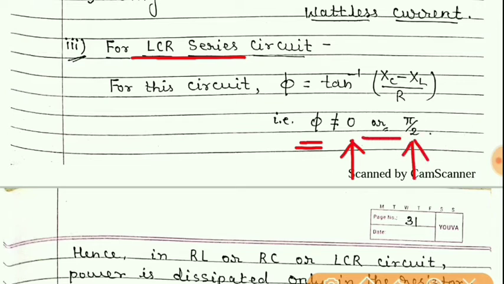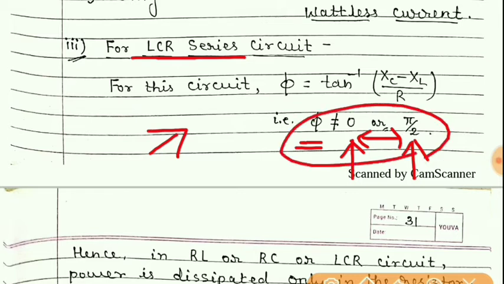It is between 0 and π/2. And so some power gets dissipated, and that power is dissipated only in the resistor. Students, always remember, when power gets dissipated, it dissipates in the resistor only. Here this condition should not be a resonant condition. In that case, it is true.